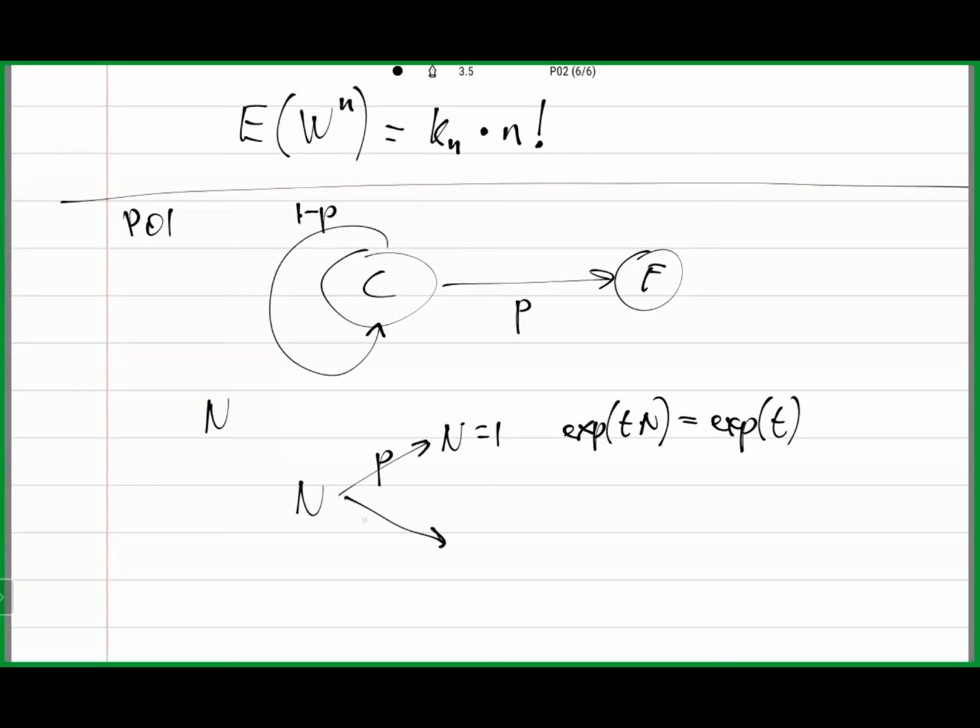Now, if we go to the initial state, n is transformed into 1 plus n1. Honestly speaking, we should call it n1.